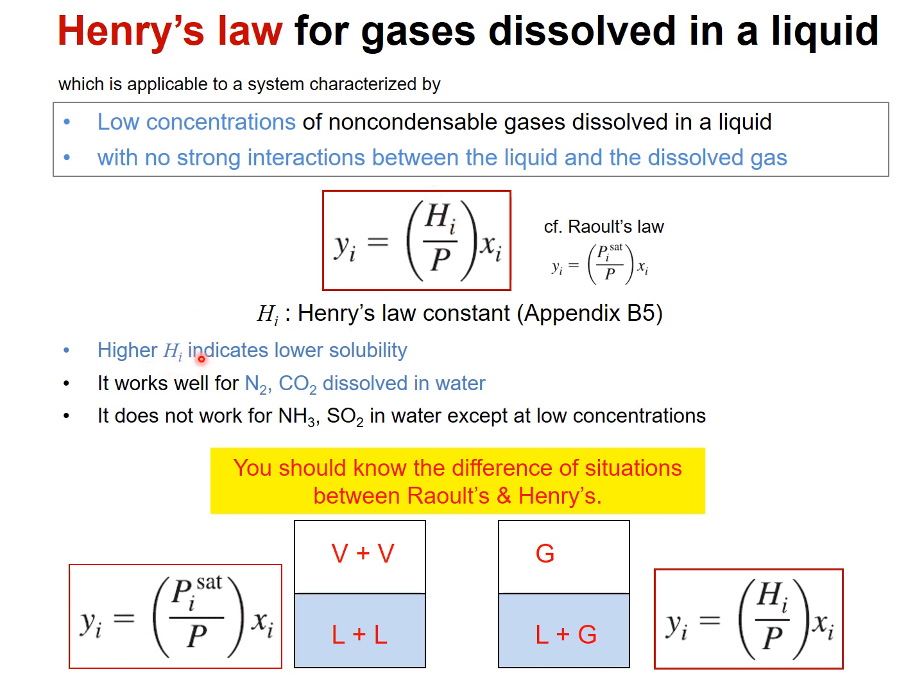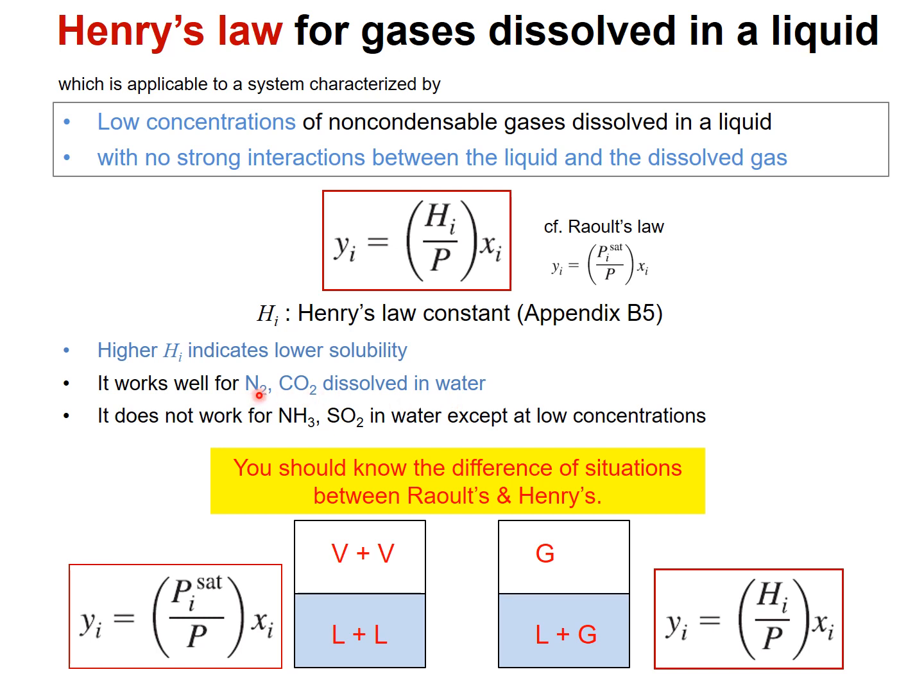A higher Henry's constant indicates lower solubility, because if you have a higher value of H, then you will have a higher vapor phase concentration. It means we have lower solubility in the liquid phase. It works well for nitrogen and CO2 dissolved in water.